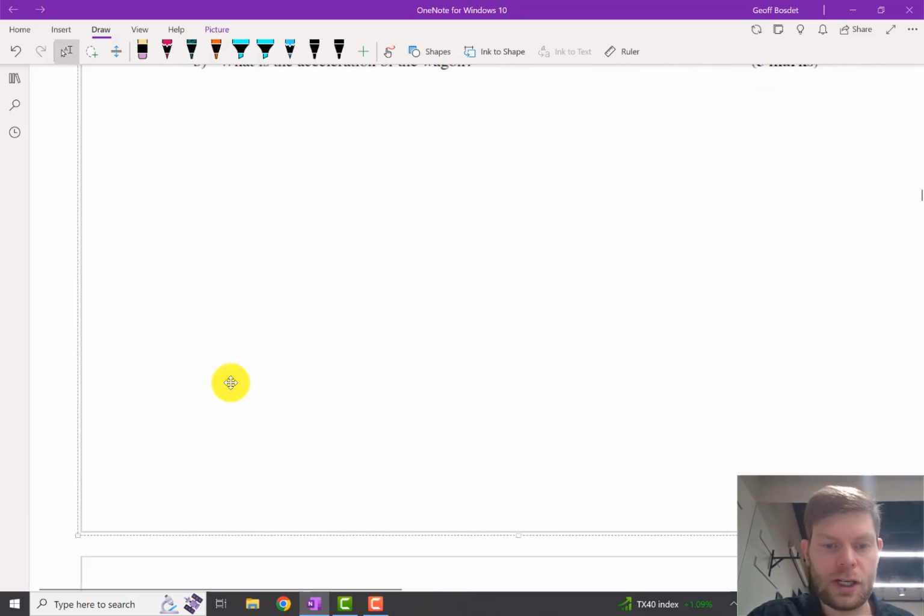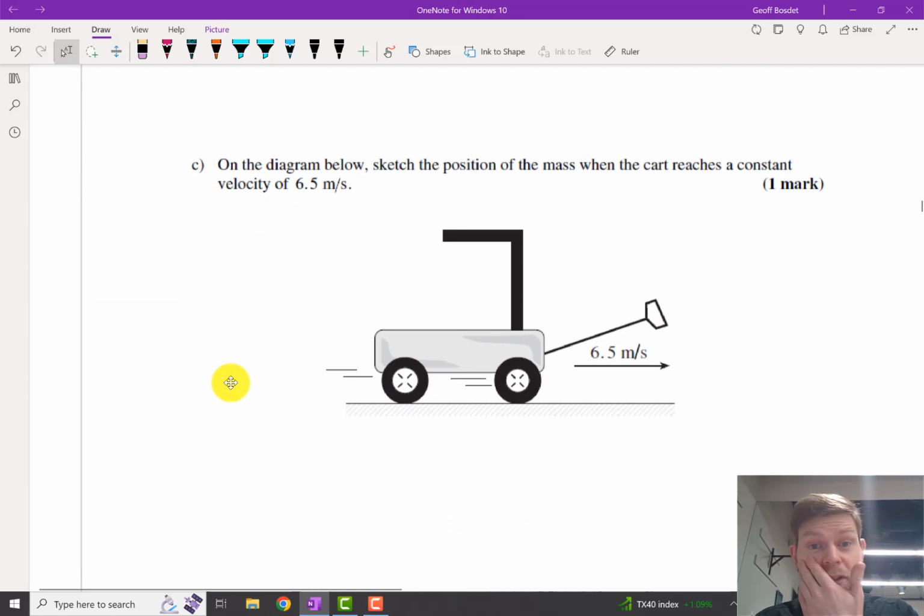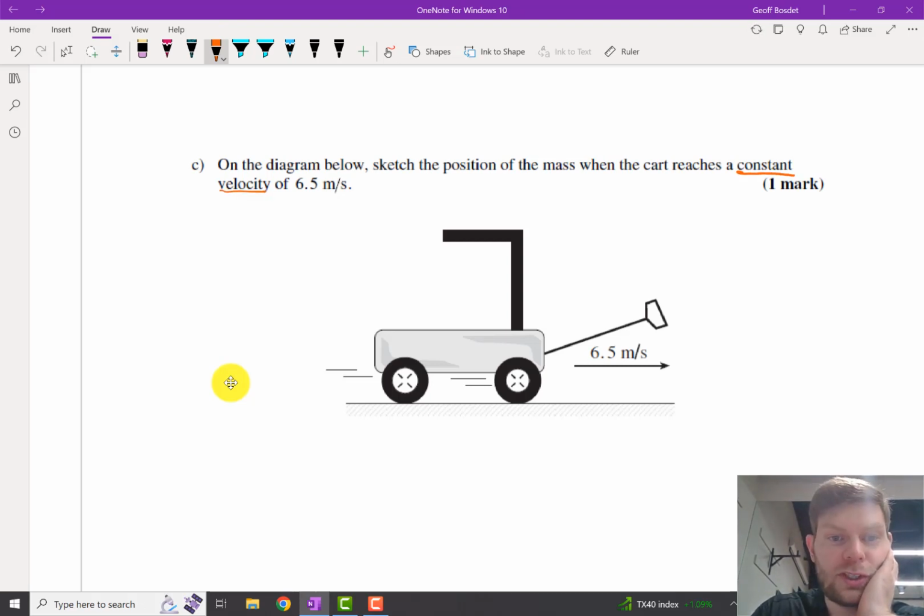All right, next guy. We want to know what's going on when the cart reaches a constant velocity of 6.5 meters per second. So this is just a troll right here, because constant velocity just means there is no net force. It doesn't matter what the velocity is. So that is not a useful bit of information.